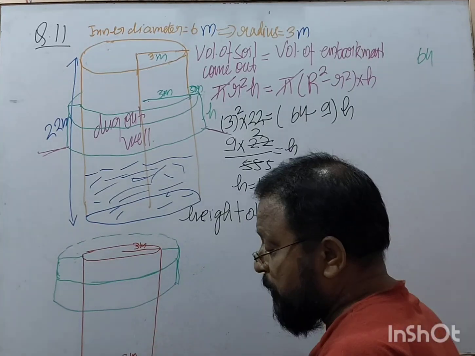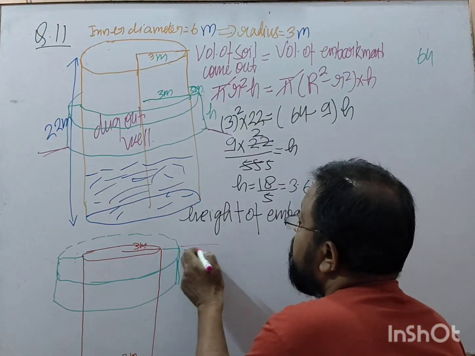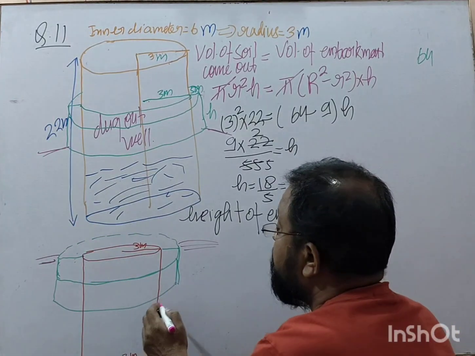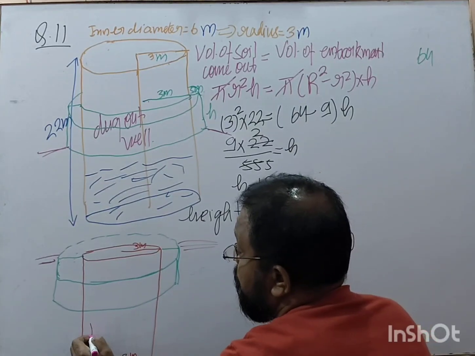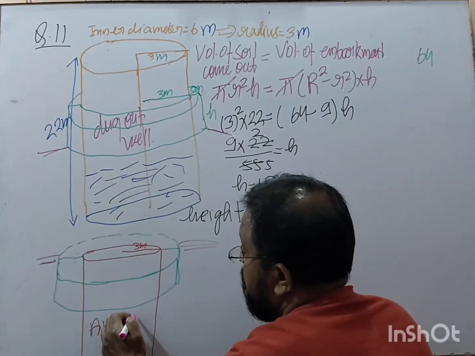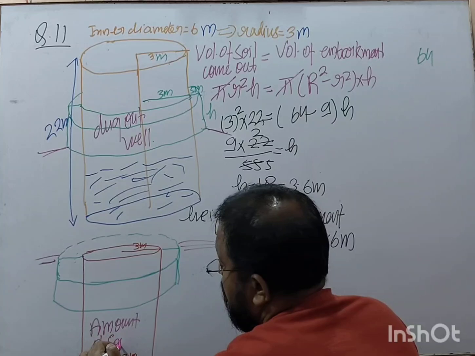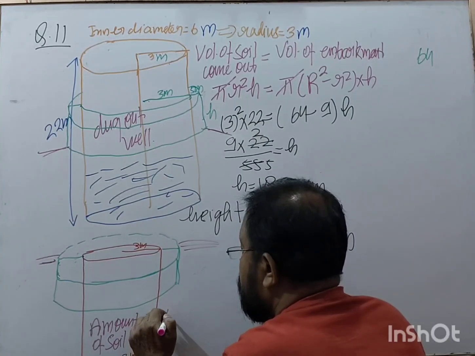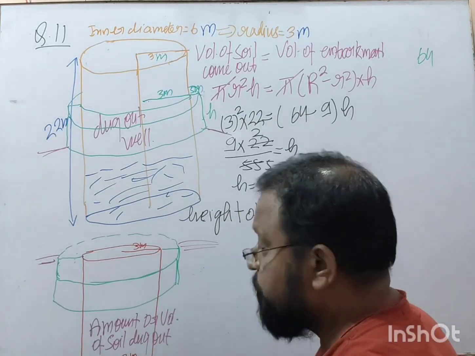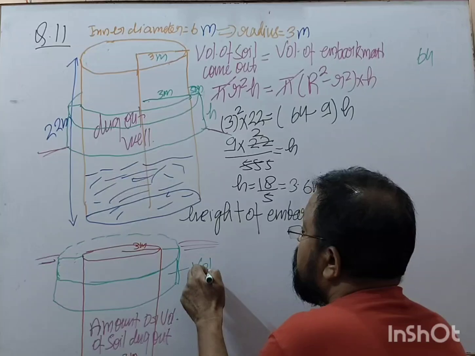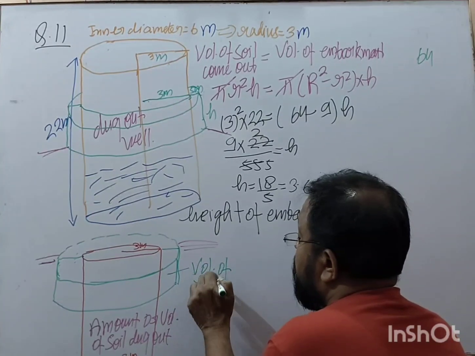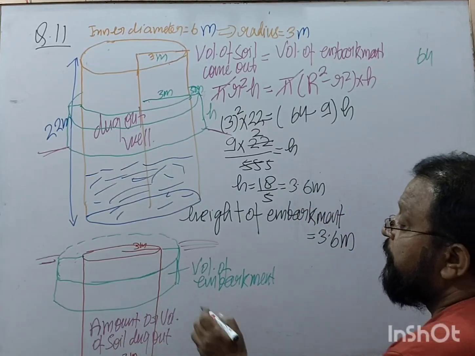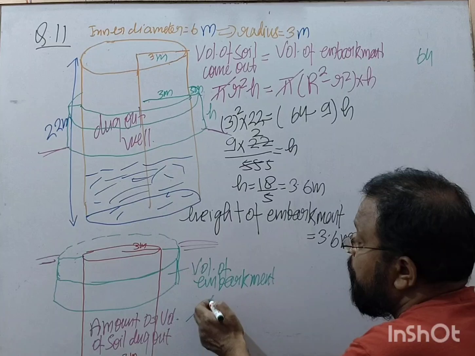This is our ground level. You made an embankment around it, so the amount of soil dug out from here is equal to the volume of embankment, right? They both are equal.